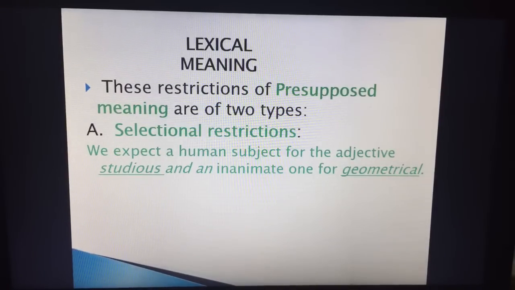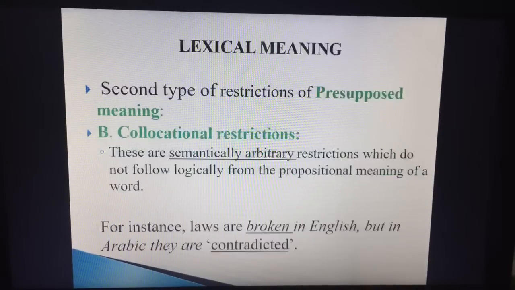It's not a hard-working window. But then you can describe it as geometrical, because that's an inanimate object, and it can be described in that way. So the adjectives are used for certain nouns. That is a presupposed meaning. In other words, this meaning is only linked to either human or non-human, inanimate.